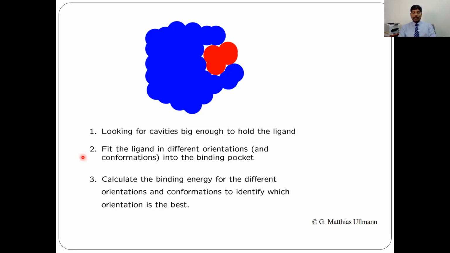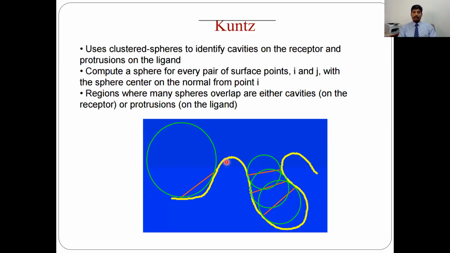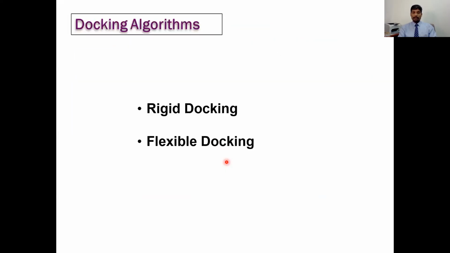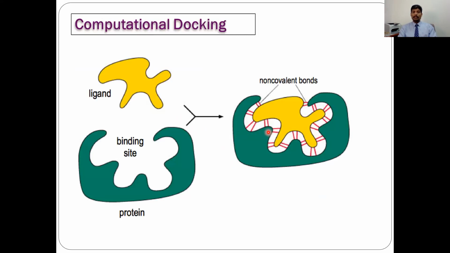Okay. And then the second thing is to fit the ligand into the pocket or the cavity. There are two ways we can do that: rigid docking and flexible docking. Rigid docking is very simple and not effective at all. Rigid just keeps the shape of the protein and the ligand structure unchanged.